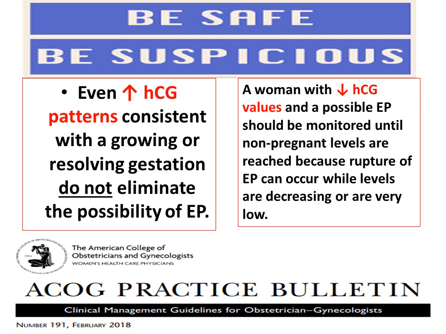So the message from this information is that you have to be suspicious, you have to be very careful. Don't rely on a very high level of beta HCG as an indicator of intrauterine pregnancy, and don't rely on a very low level of beta HCG to say the case is not ectopic pregnancy. Some cases occur with these abnormal findings.